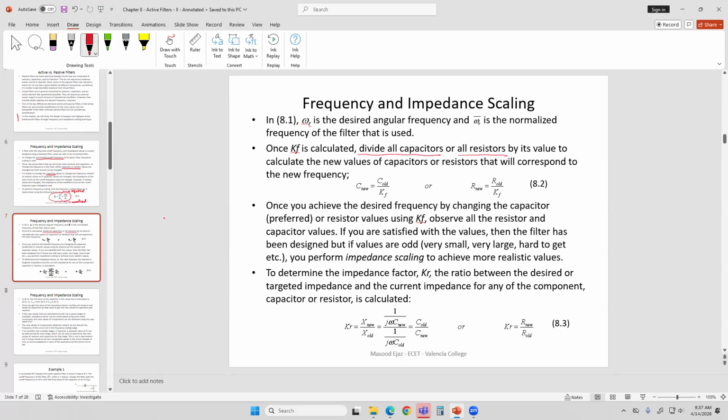You have to do only one of them. Either you calculate the capacitors or resistors. That's why this is or. You don't have to do and. You don't have to calculate the values of both resistors and capacitors. You have to calculate only one item, either capacitor or resistor.